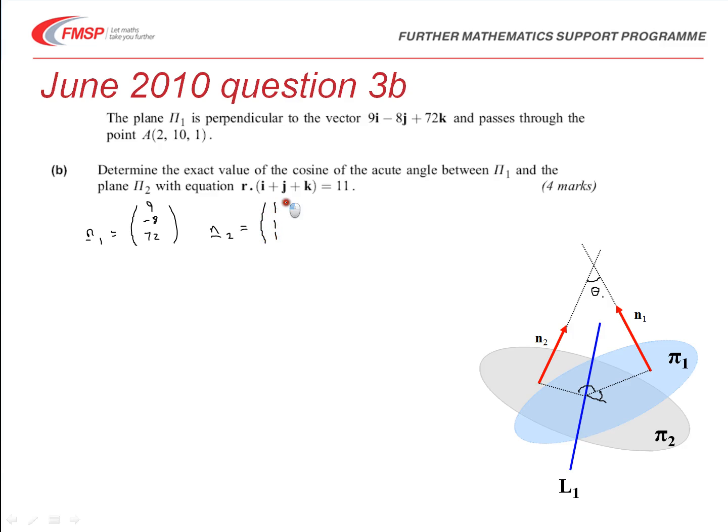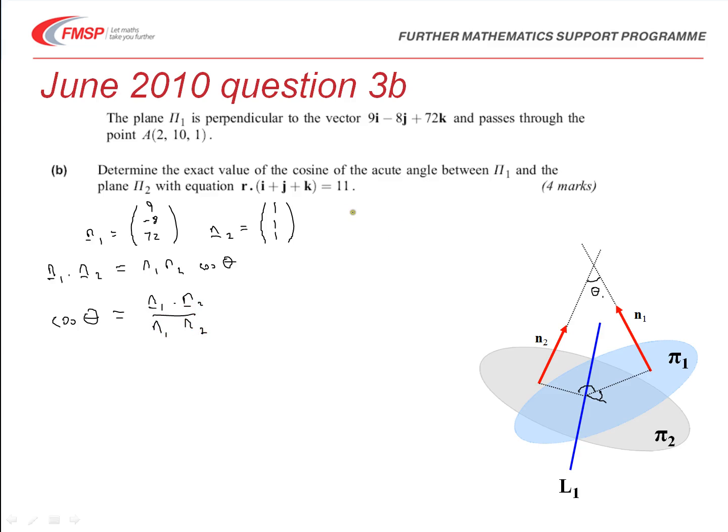Then, having got those two, we know that if you take the vector n1 and dot it with n2, it's equal to the length of n1 times the length of n2 times the cosine of the angle between them. So we know that the cosine of the angle between them is going to be equal to n1 dotted with n2, that's the scalar product, divided by the length of n1 and the length of n2.